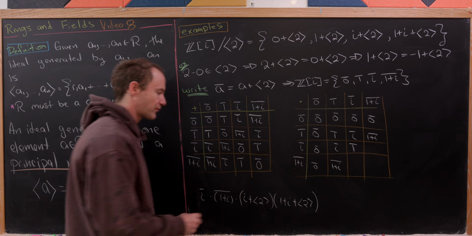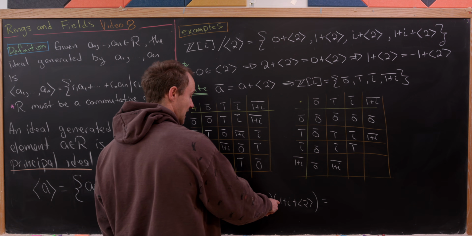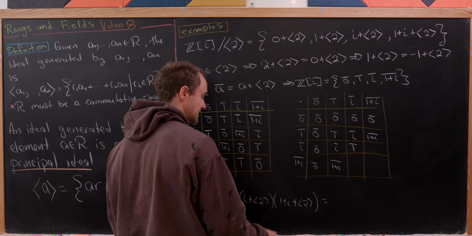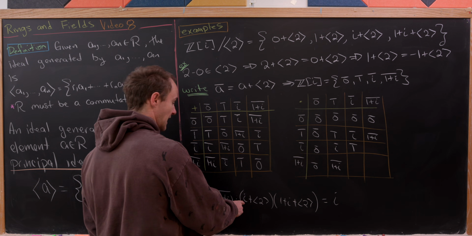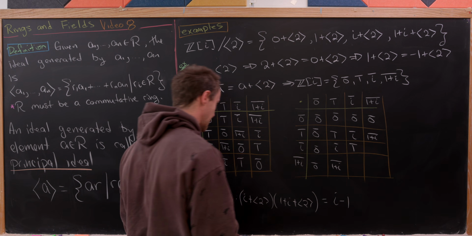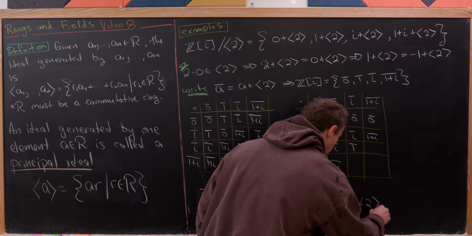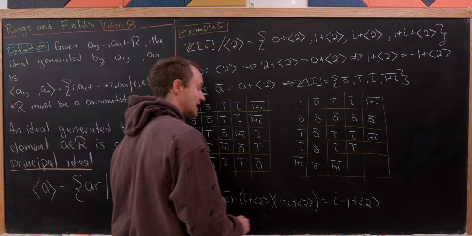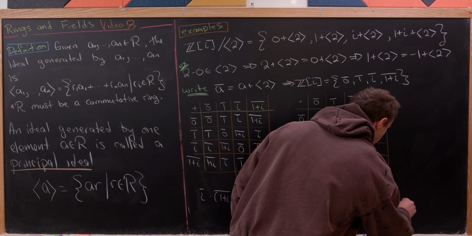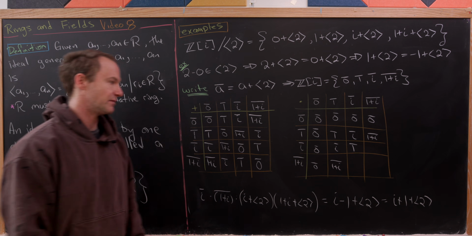But now if I do that product, I'm going to get I times 1, which gives us I, and then I times I, which gives us -1, so we're going to get I minus 1, plus our coset generated by 2, but -1 is the same thing as +1, so I get that this is I plus 1 plus the coset generated by 2.